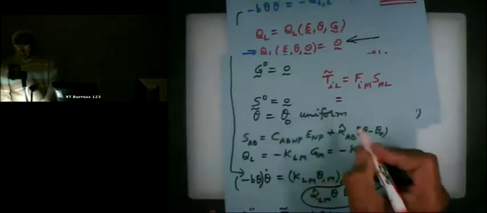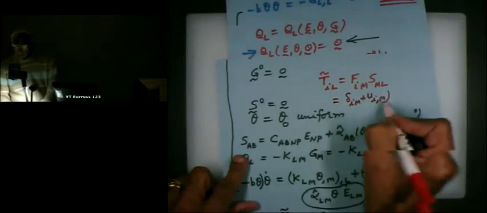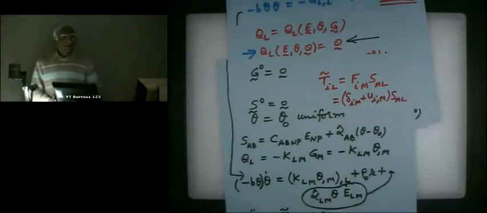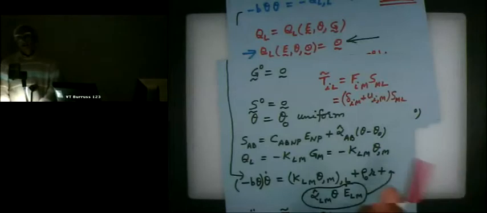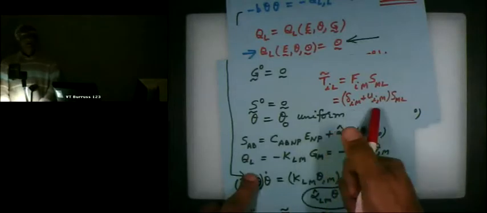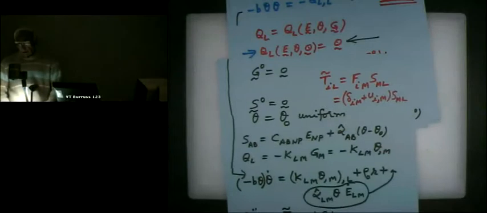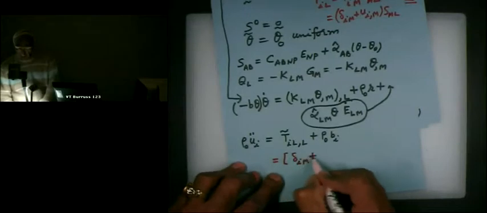F is delta_iM plus u_iM. F is the deformation gradient. It's the derivative of little x_i with respect to big X_M, which is equal to Kronecker delta plus, we denoted this by H, the displacement gradient. Because now we are writing everything in terms of displacements. So if you agree with that, then we have delta_iM plus u_i comma M.